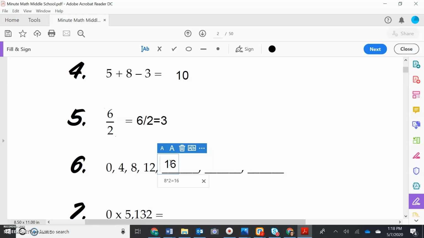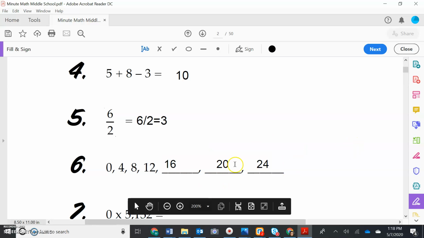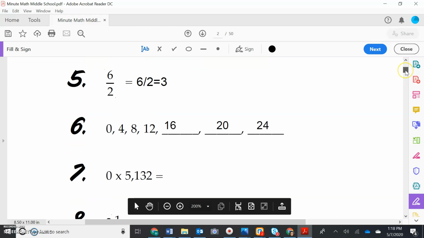I hope you wrote that down. 16 plus 4 is 20. 20 and 4 is 24. Good job.